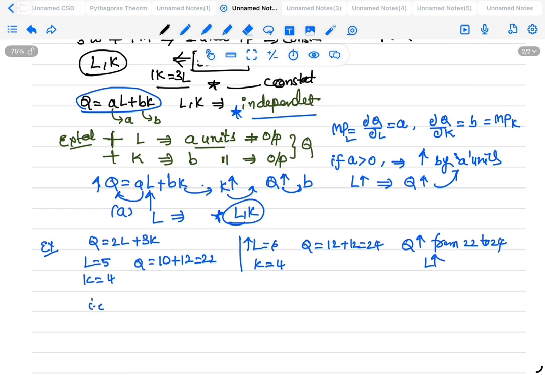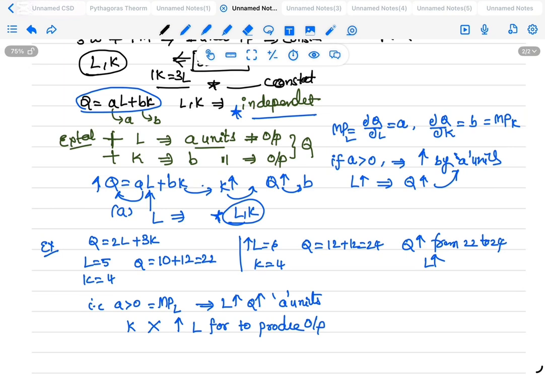That means if A is greater than 0, that is MPL, for every extra unit of labor, the output Q is increased by A units, and the capital does not need to increase to produce the output.